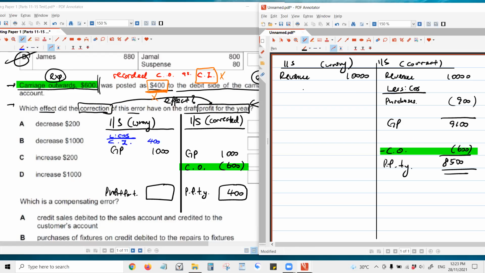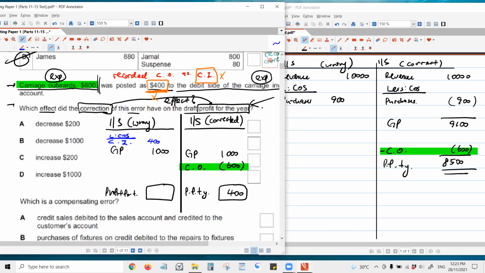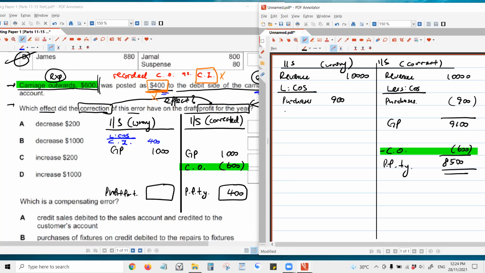So revenue remains constant. I need to make all these things constant, and purchases is also constant, 900. The mistake they make here is they recorded it as carriage inward 400. Carriage inward is here, 400.